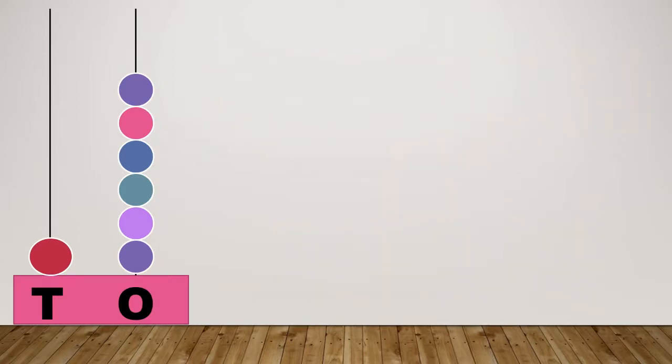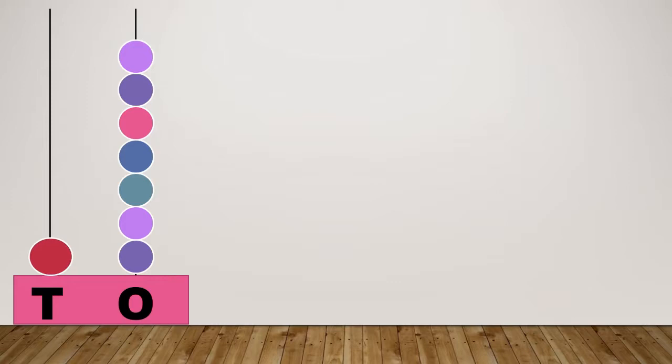Let's put one more bead in ones place now. Already it has 6 beads and I put one more. So can you count and tell me how many beads altogether in ones place now?